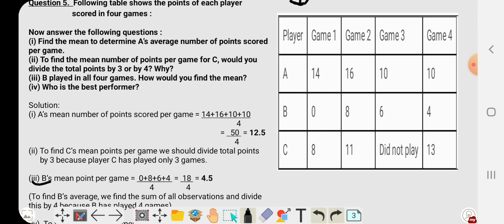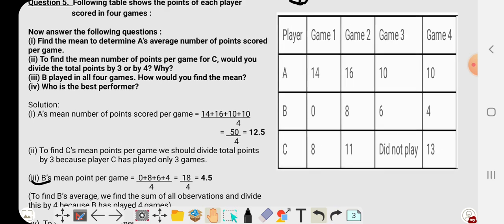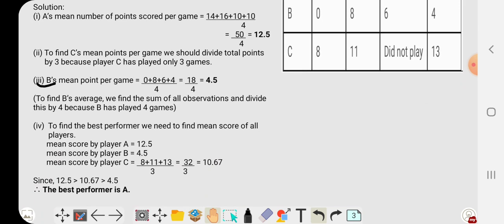This will give the sum 18. 18 by 4 is equal to 4.5. Here I have written the reason also. To find B's average, we find the sum of all observations and divide this by 4 because B has played 4 games.